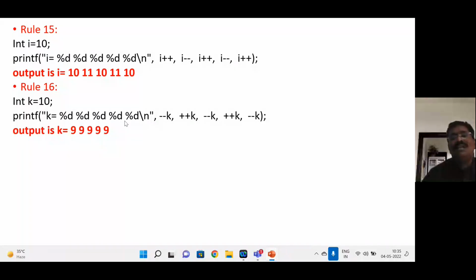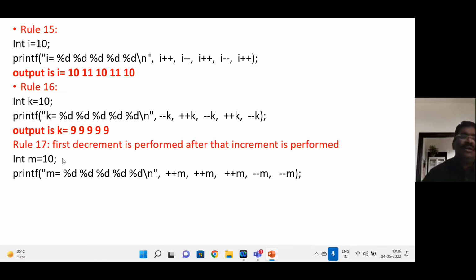How many pre-decrement variables are there? 1, 2, 3. That means the initial value is decremented by 3, that is 7. After that, the increment operation will be performed. How many pre-increments? 2 increments. So that is 7 plus 2, which is equal to 9. So all the values will be printed as 9, 9, 9, 9, 9.